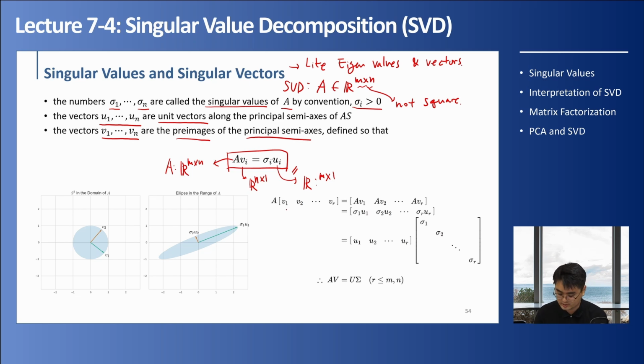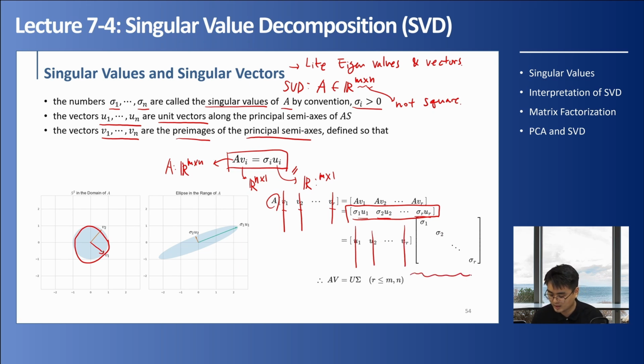So what we are doing here is actually, we are having some column vectors of V here, and you can think of this as the unit ball, v1, v2 to vr, and we are multiplying this with A, and then this finally leads to sigma 1 u1, sigma 2 u2, sigma r ur. We also can simplify this notation using this expression, U column vectors multiplied with sigmas, where these are singular values, and this is a diagonal matrix.